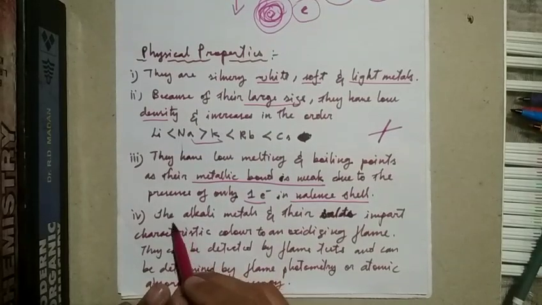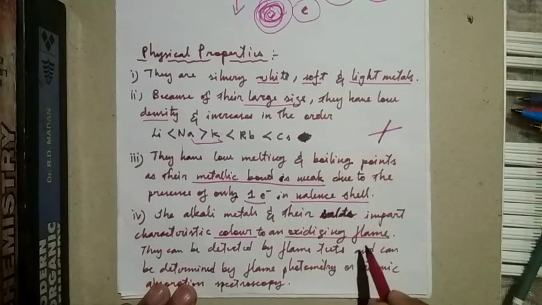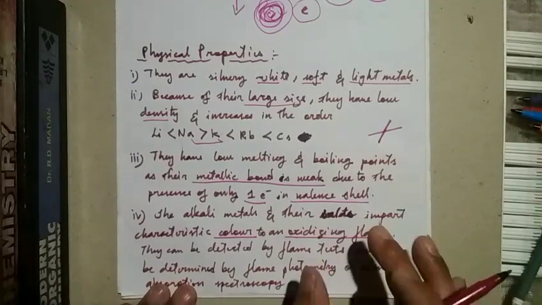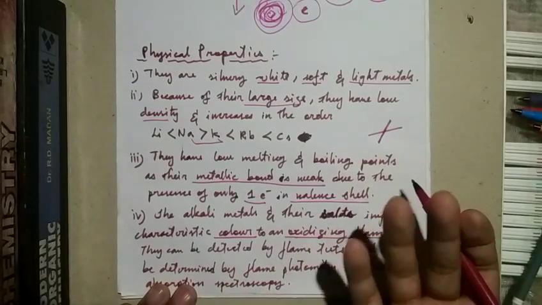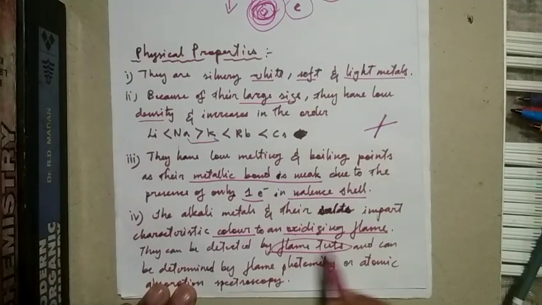Now the alkali metals and their salts impart characteristic color to an oxidizing flame. If we heat these alkali metals, they show colors. This is also known as flame test, and they can also be determined by flame photometry and atomic absorption spectroscopy.